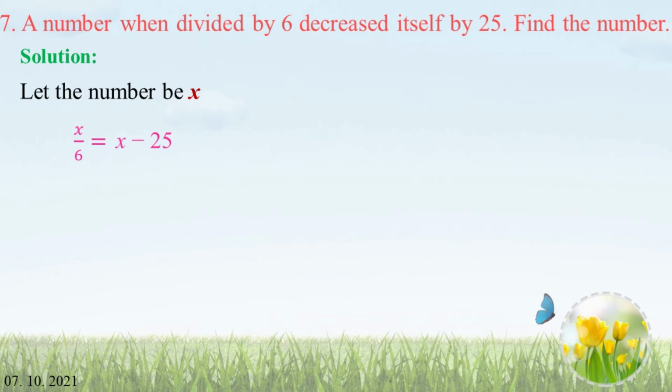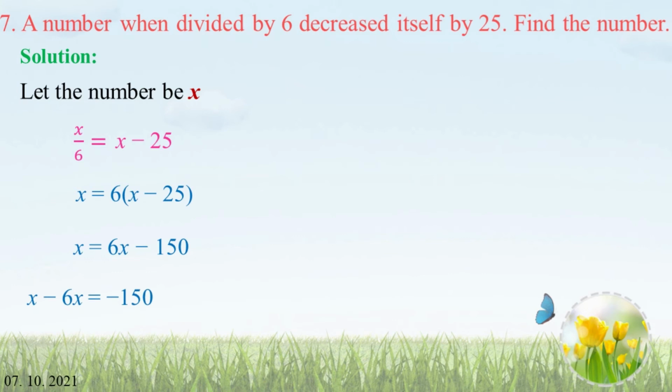Now transpose the denominator 6 to RHS. So x equals 6 multiplied by (x minus 25). Now we have to multiply 6 and x minus 25. x equals 6x minus 150. Now transpose 6x to the left hand side.